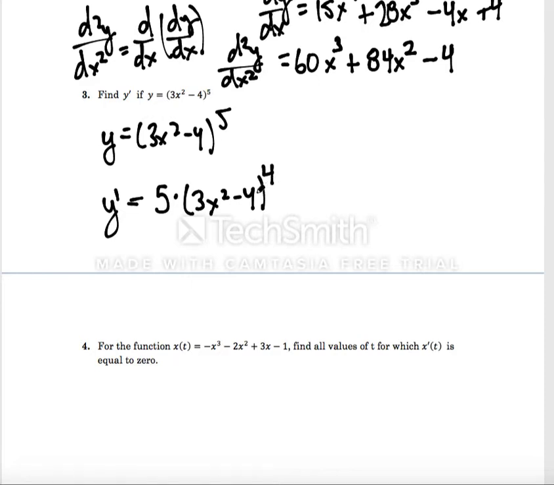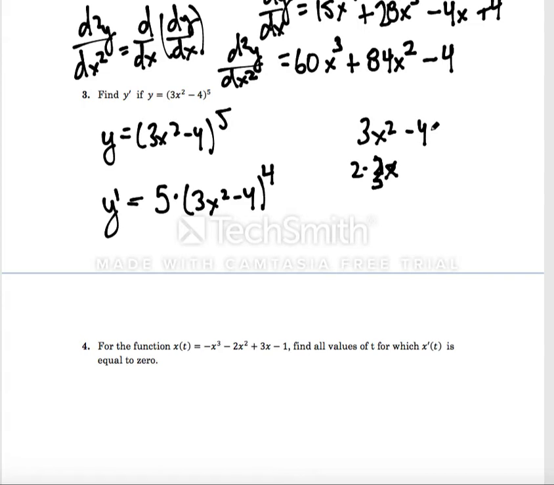Then we have to use the chain rule, because this parenthetical thing is more complicated, so we need to find the derivative of that interior. The derivative of the interior, which is, I'll do it over here, 3x squared minus 4: I'm going to take the 2, multiply, 2 times 3, times x, and then the 2 becomes a 1.